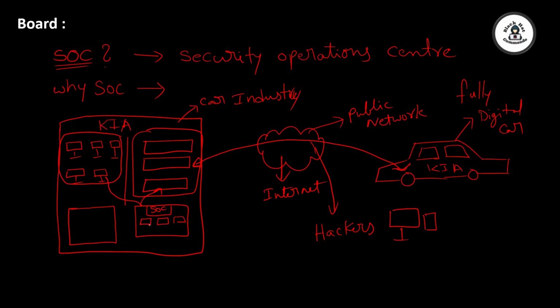But now the SOC team has been introduced in the Kia industry, where all the members of SOC will observe each and every endpoint, like every computer, server, firewall, router, DHCP, etc. All the devices inside the environment. Okay.